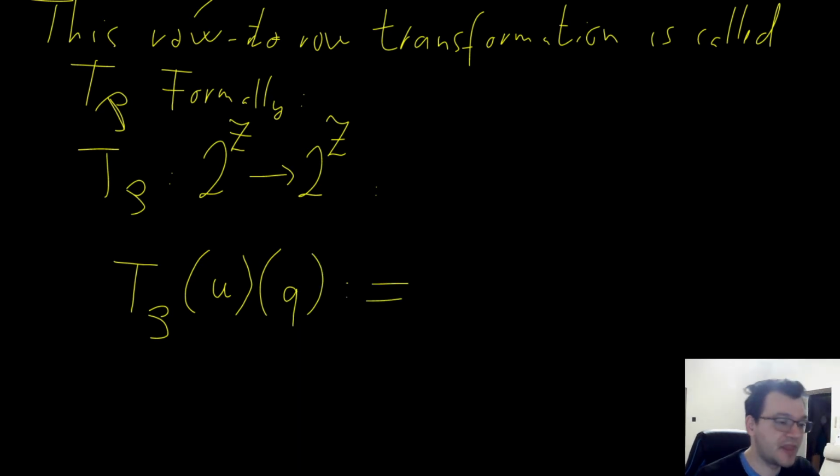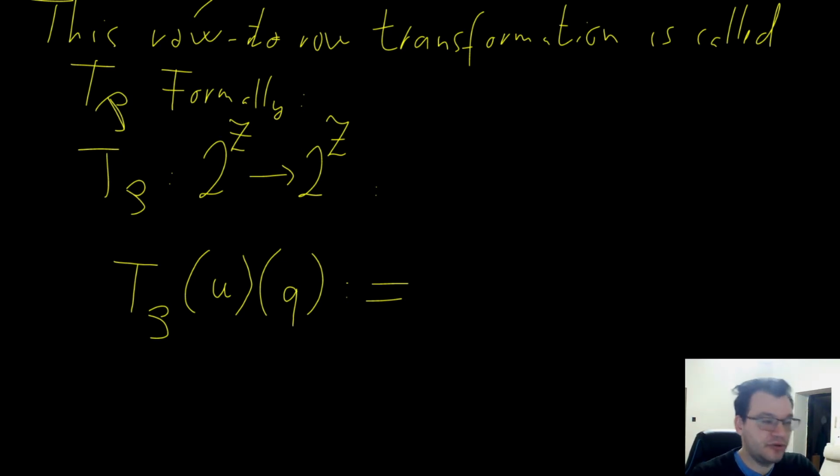Now what's this? TP is a function. U is an assignment, which is also a function. Doesn't matter. TPU is an assignment which gets a variable and outputs a value, a bit, 0 or 1.